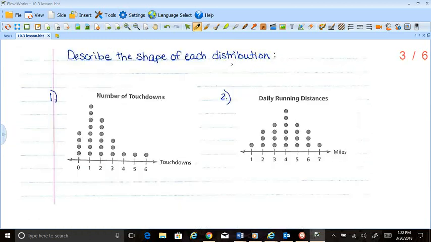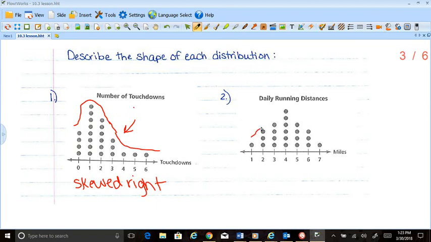Now we're going to go ahead and practice this ourselves. If we were asked to describe the shape of distribution, down here is the number of touchdowns. I draw my hill over my data, and I find that the tail, the stretched out part, is over here to the right. So this is skewed right.